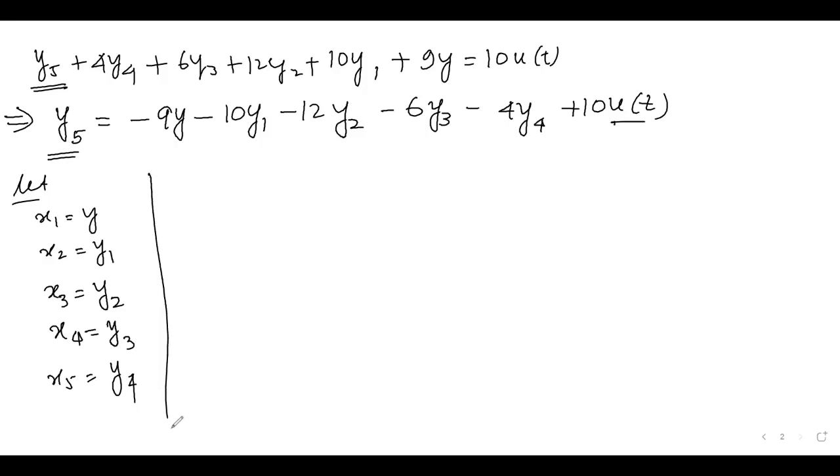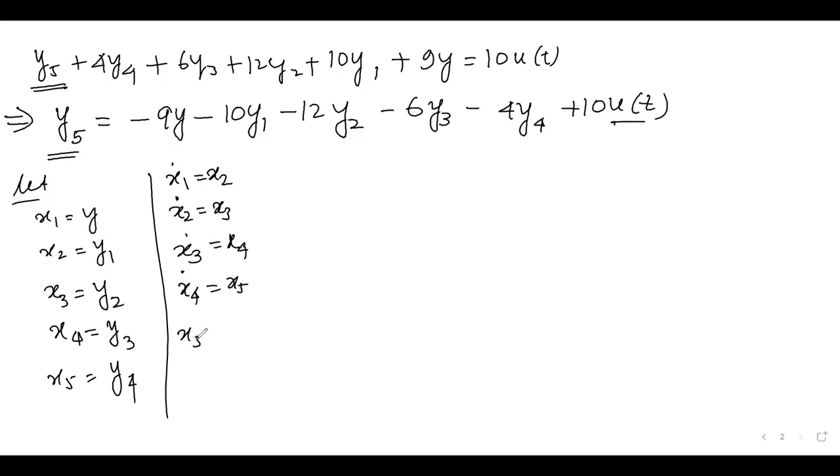So now write: x1 dot means y1, and y1 is x2. x2 dot means y2, which is x3. x3 dot is y3, which means x4. x4 dot is x5.